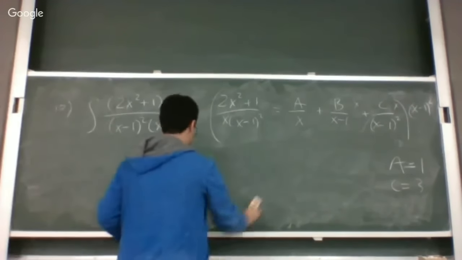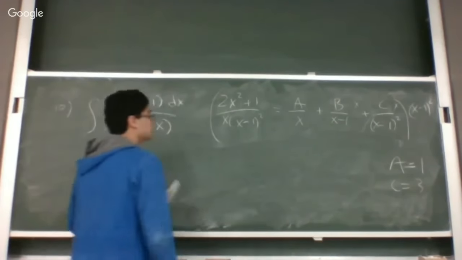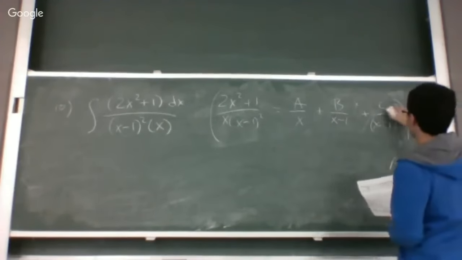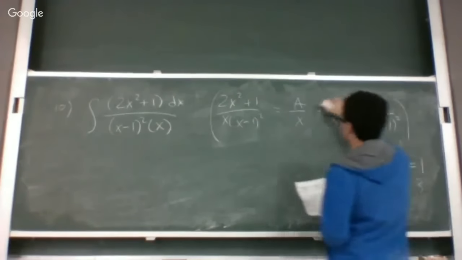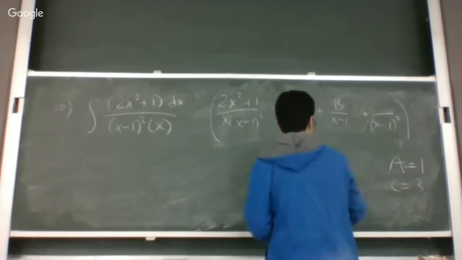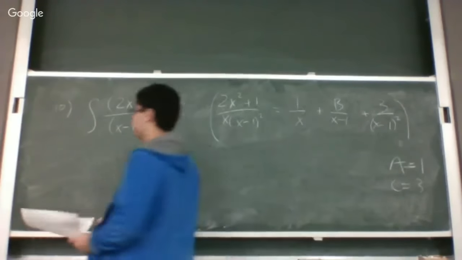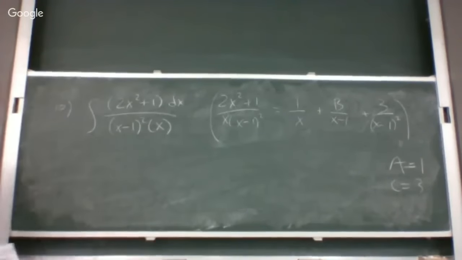So what do we do now? Now that we know the c and a values, we only have one variable to find. So we can just make up an x value. What x value do you guys want to make up?